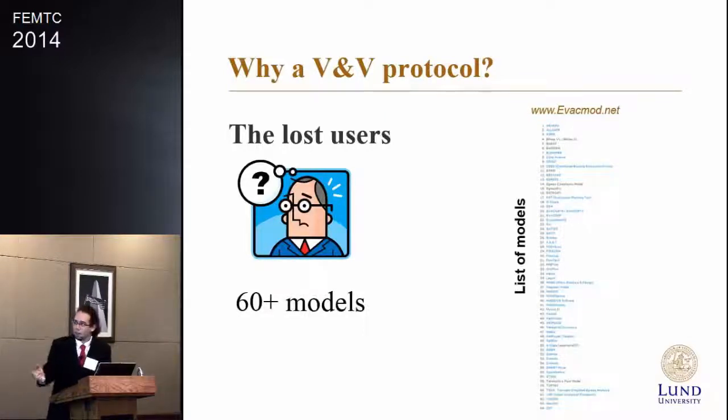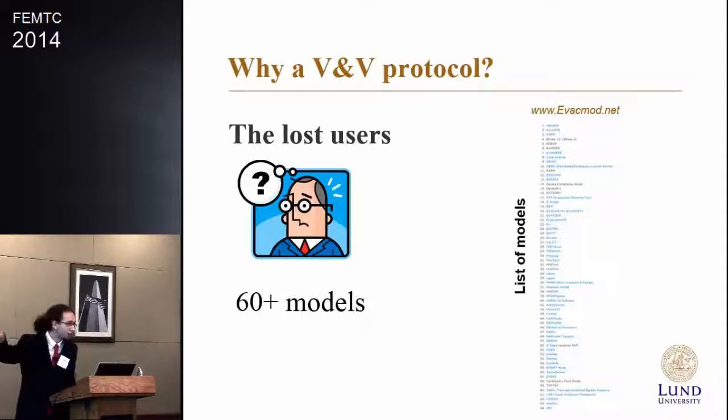I really had a hard time fitting the whole list of models that are on the market today. I don't know if in fire models you have as many, but in evacuation models, every day some research group or commercial company comes out with a new model.